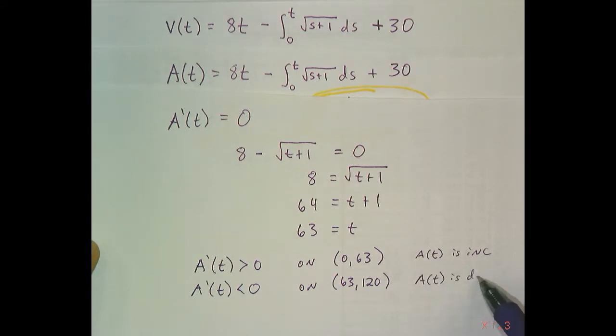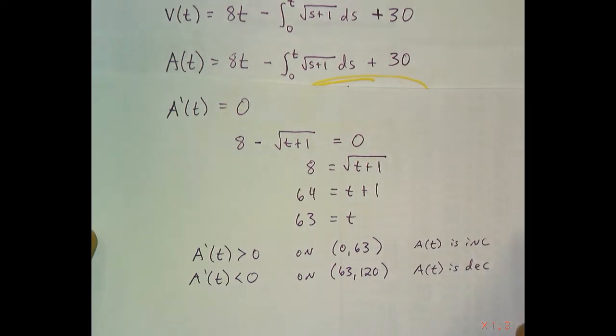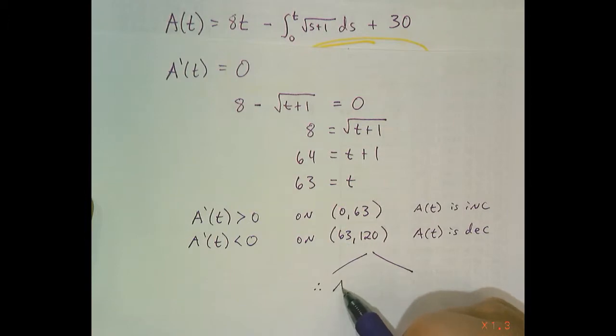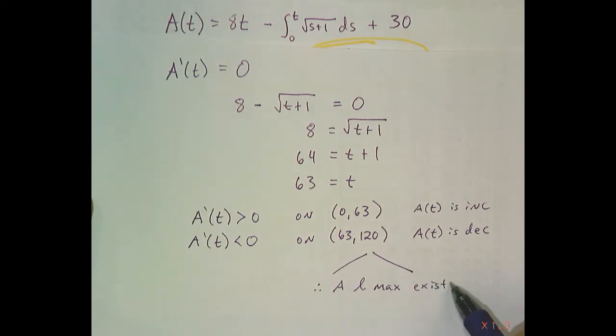So we know we have that condition where our function is going to a maximum. Therefore, a local max exists at t equals 63 minutes. And they just ask the time, so we don't have to figure out what is the value of the amount.